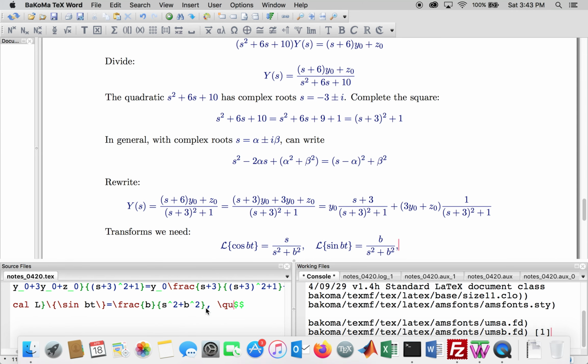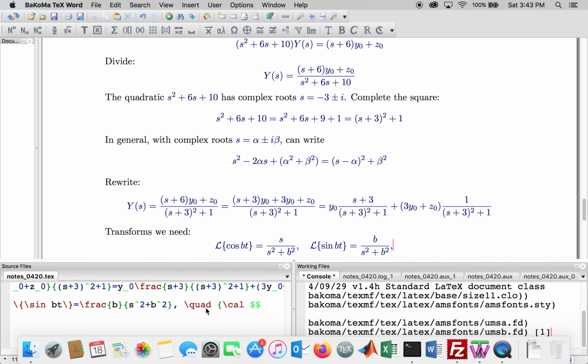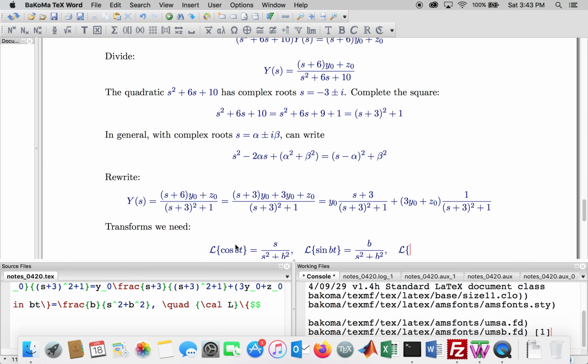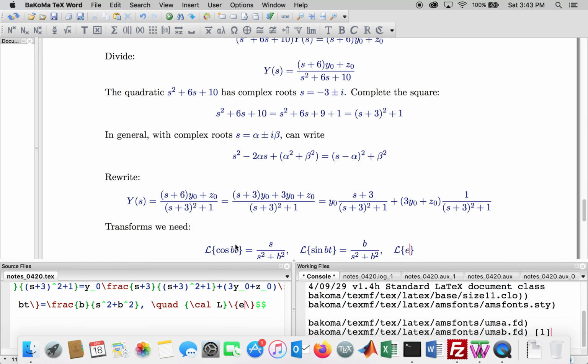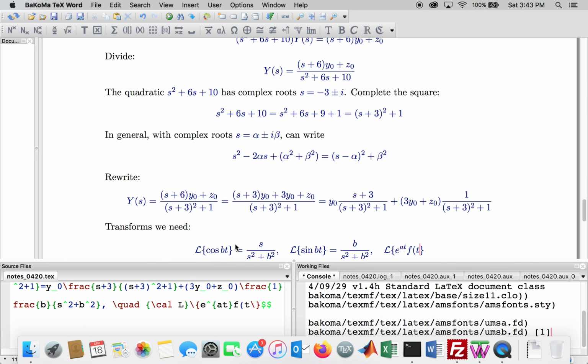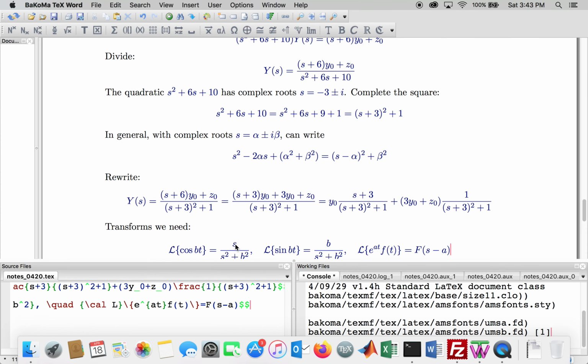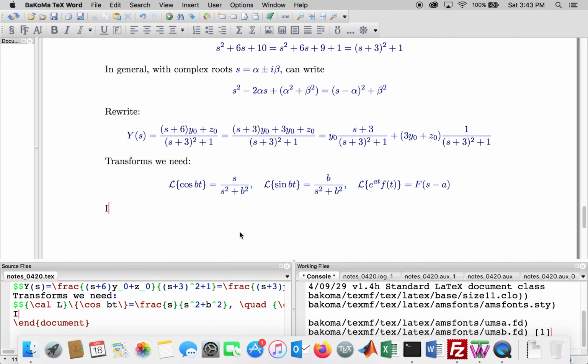And then we need this one that was also needed in the previous example, dealing with an exponential, e to the at f(t), causes a shift.